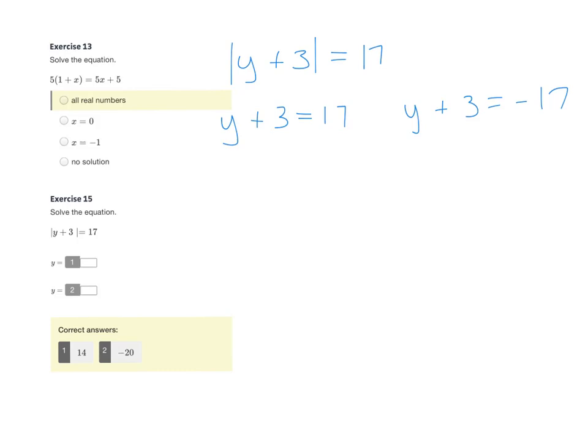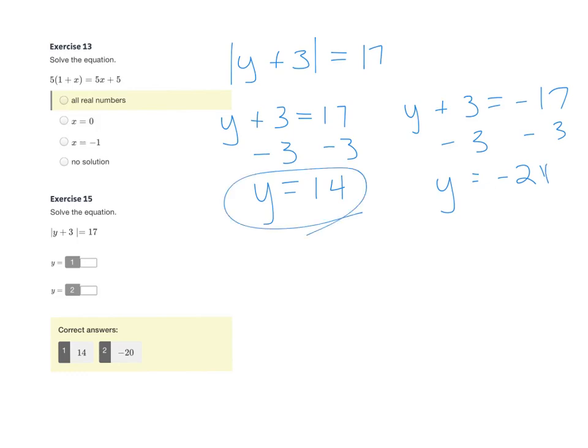And then you're going to solve this. So let's say you minus 3 from both sides. That's going to be y is equal to 14. The second equation, you're going to minus 3 from both sides. That's going to be y equals negative 21. And those will be your two solutions for that absolute value.